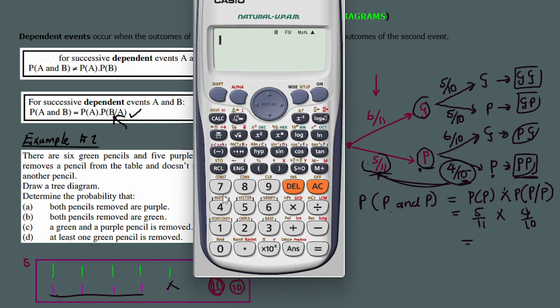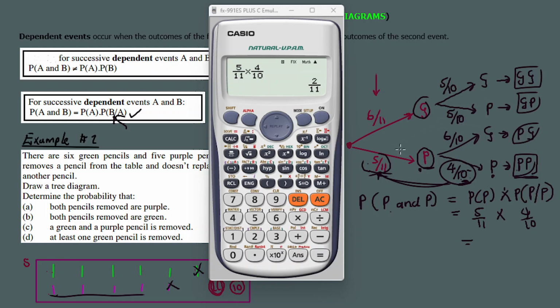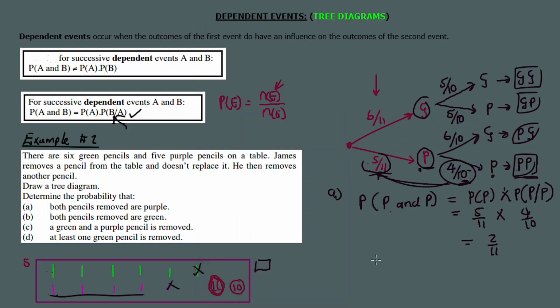So P and P is equal to the probability of P times the probability of P given P. We say 5/11 times 4/10. This probability times this one, 5/11 times 4/10. Our answer is 2/11. Then B: both pencils removed are green.